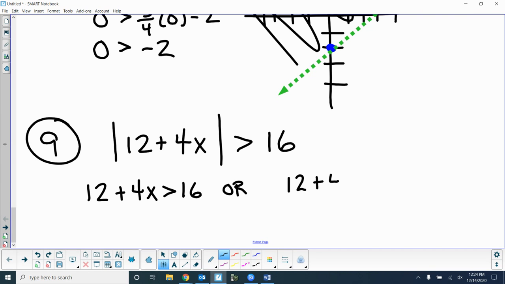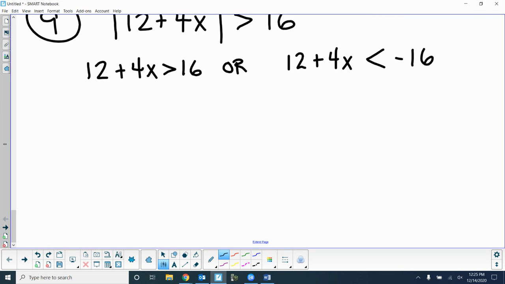Good. Less than. Close. Negative. Yeah. What changes is the inequality symbol will change, and you change that number to a negative. That's the second problem. Okay? And then I just solve those 2 and graph it.